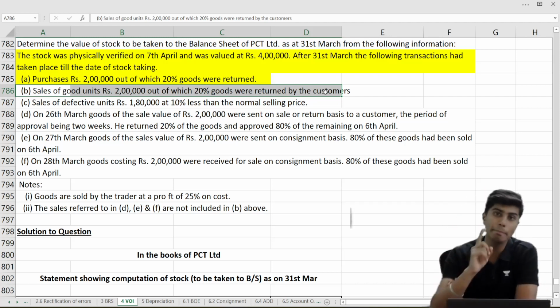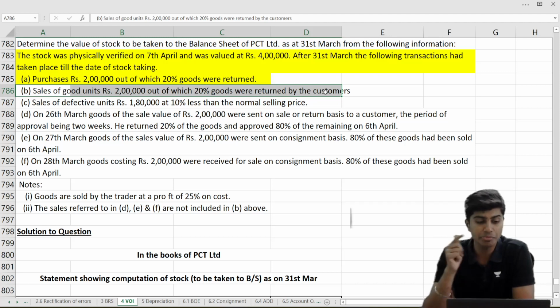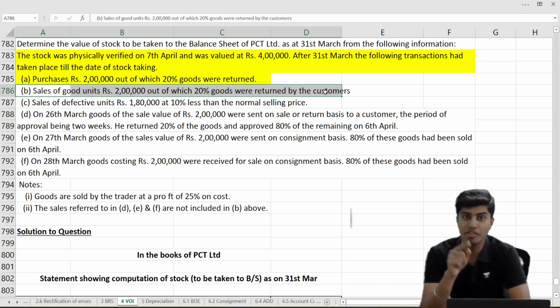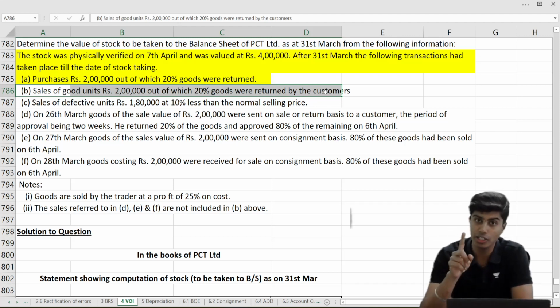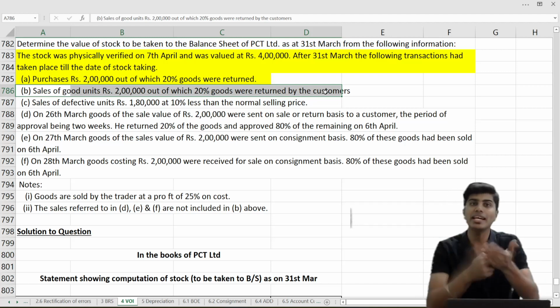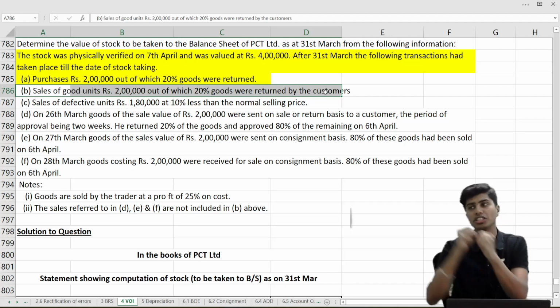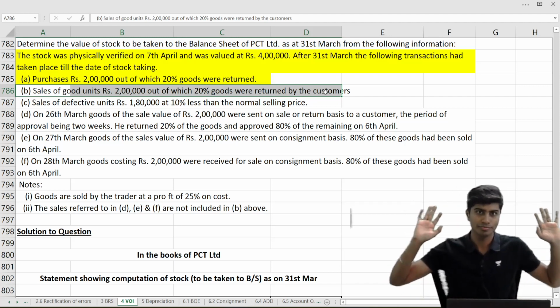But a very important point to be noted is unlike adjustment A, adjustment B is about sales. Whenever you talk about sales, sales will involve profit. And when we value inventory, it needs to be done at cost. So with regard to this sales value, we need to eliminate the profit element, determine the cost element, and such cost elements should be taken to outer column.